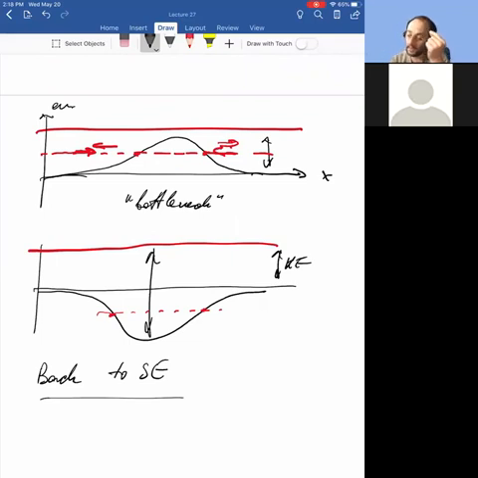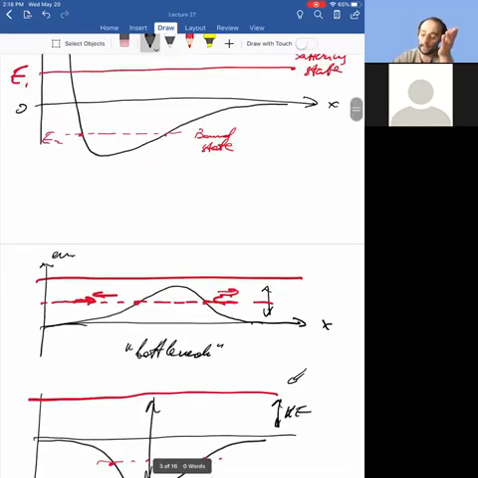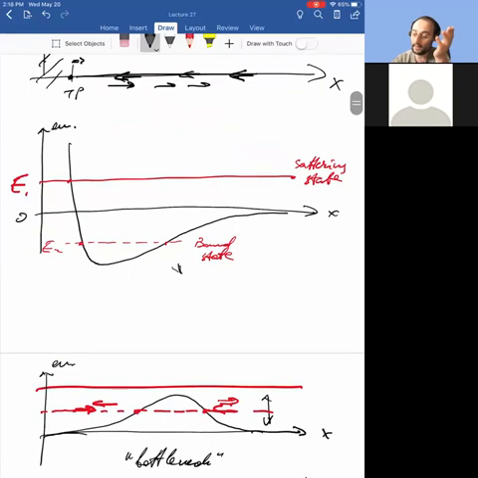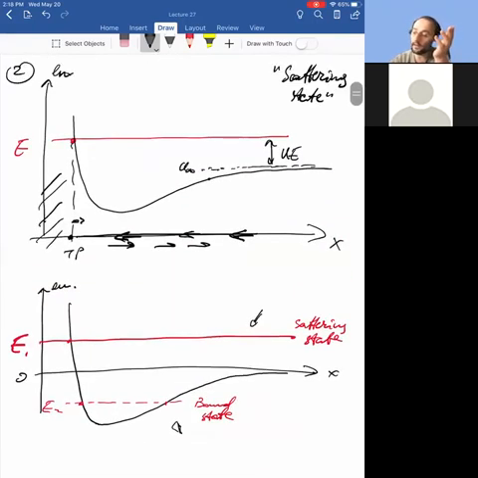So for example, this would be a bound state, this would be a scattering state. Here you have scattering state for all situations, whether the energy is the thick red line or the dotted red line. Here you have a bound state here or scattering state here. Here you have a bound state here, or if the energy was below U at infinity, you will get a scattering state.